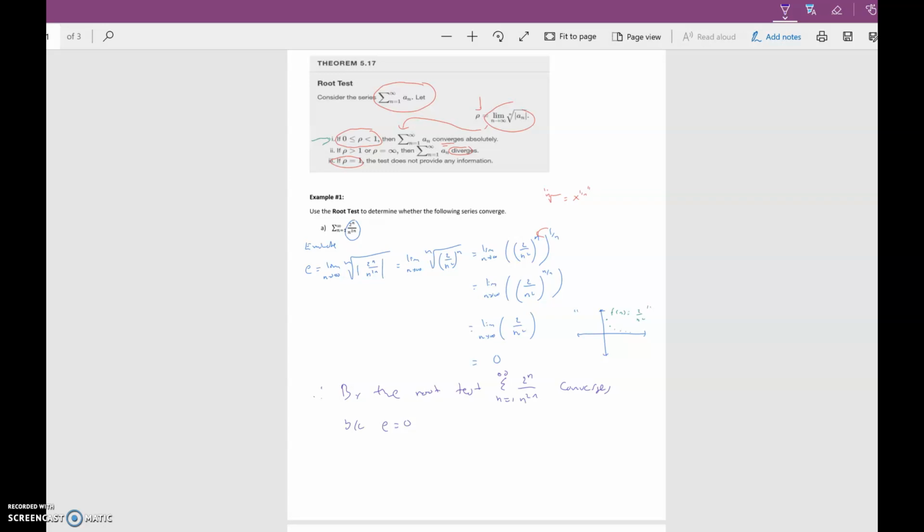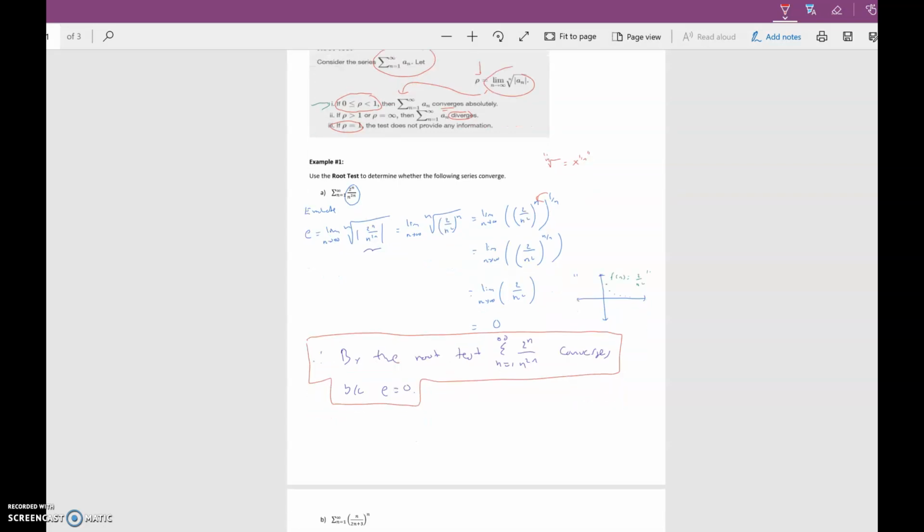Rho is basically the limit as you evaluate the absolute value, to determine which value it's approaching as n approaches infinity. That's it for this one, and don't forget to mention the test in your conclusion.